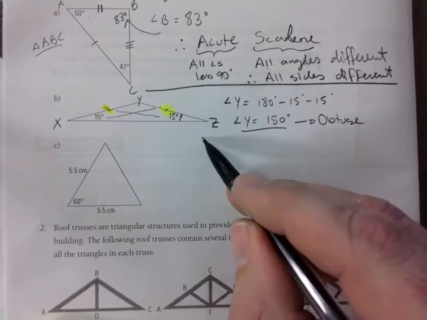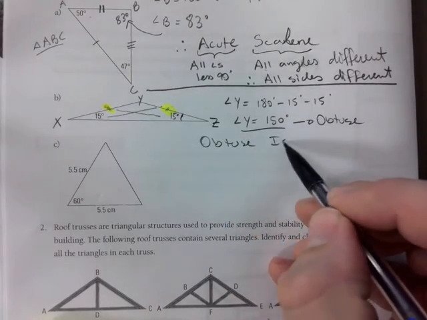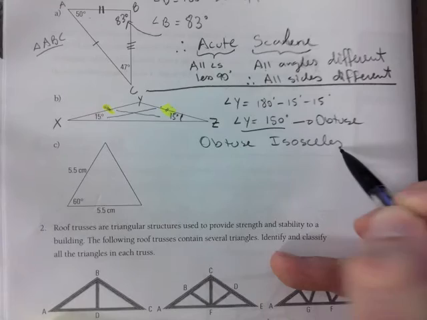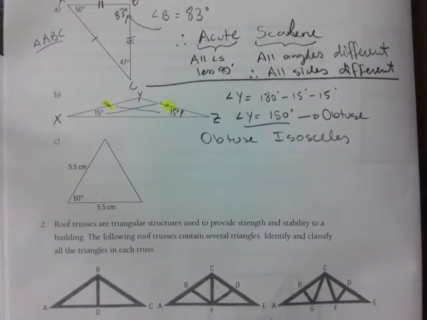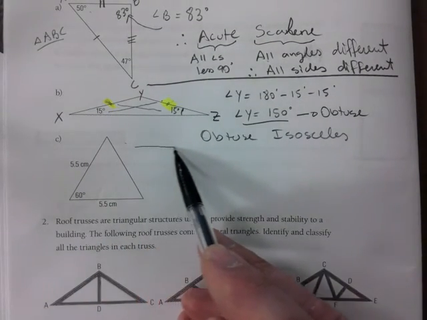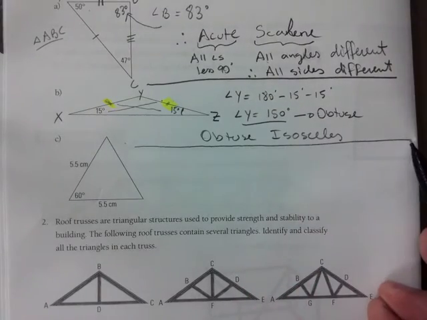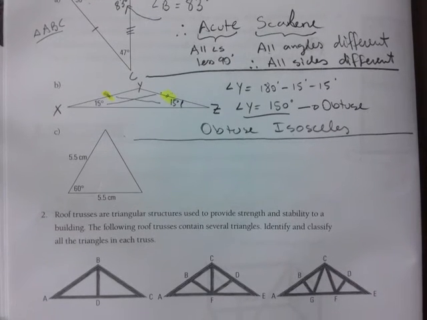It's isosceles. So obtuse, isosceles. I hope it's starting to make sense what we're doing here. I'm using whatever I can to be able to specifically say this is what it's called. Okay.